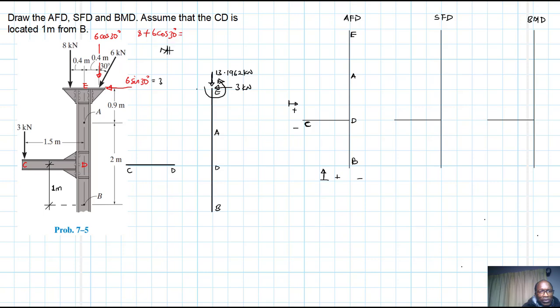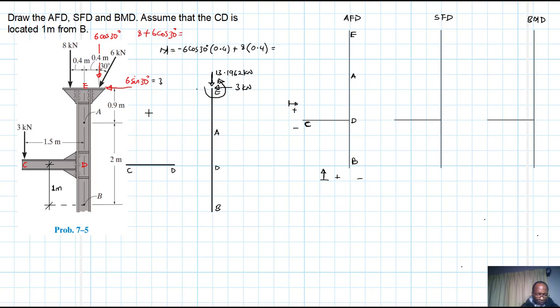This moment was equal to, like we said, this is causing anti-clockwise. So we said minus 6 cos 30 by the lever arm 0.4, and then plus 8 by 0.4. And then when we summed this up, let's work it out.